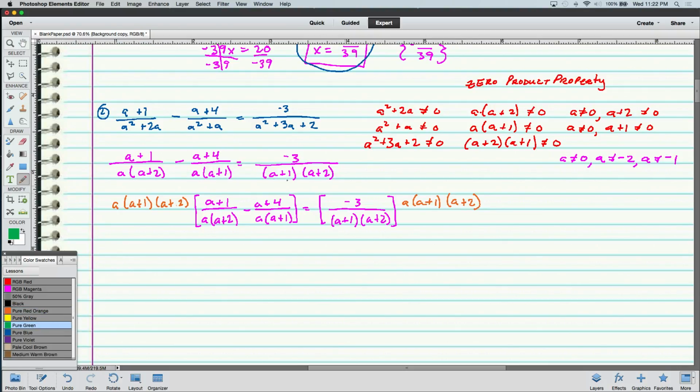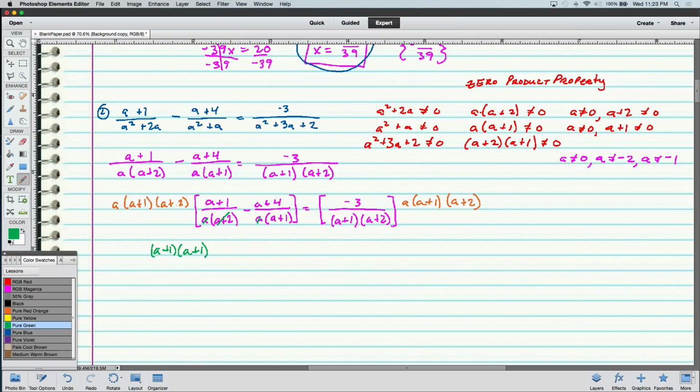All right, so now we have to simplify. We have to multiply this least common multiple by every single thing in our problem. So for our first term, we have an a and an a plus 2 that's going to cancel. So what we're left with is a plus 1 times our a plus 1. So this and that will cancel, and we're left with a plus 1 and a plus 1.